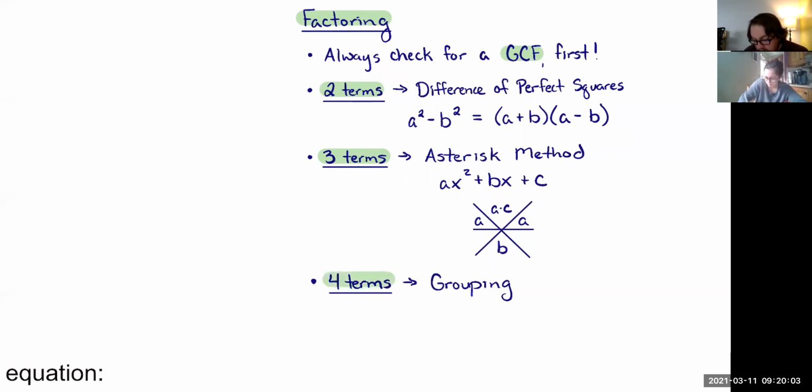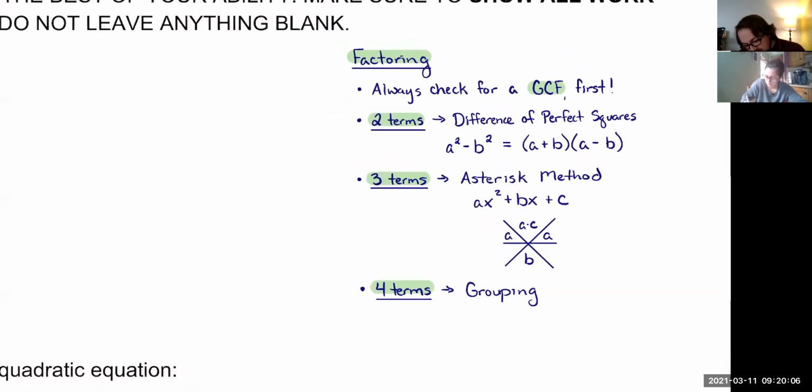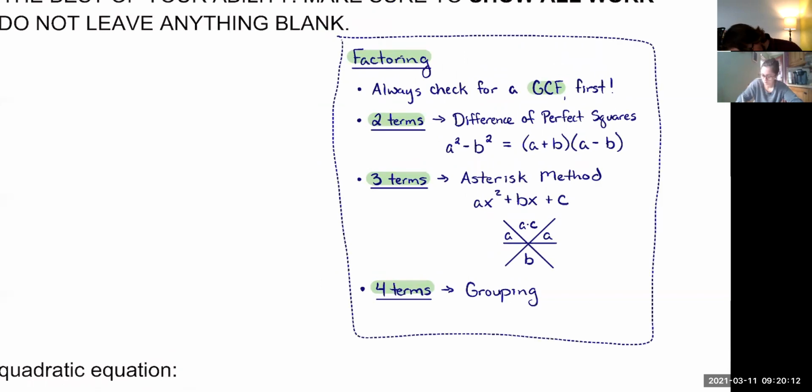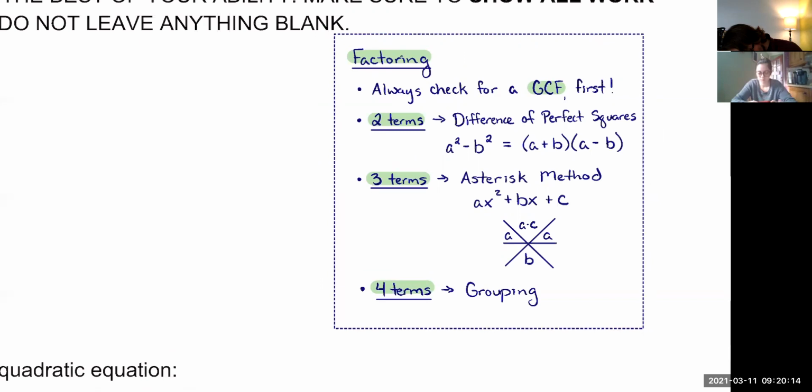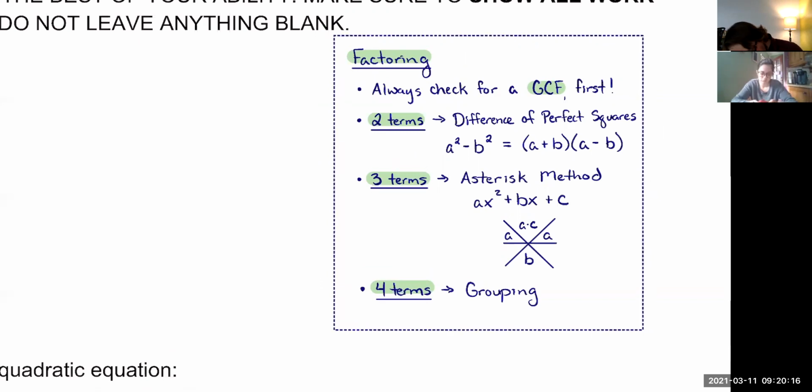And I'm pretty sure we have one example in this packet for that as well. So at any point throughout this review, if we come across something that says to factor, let's refer back to page 1. This is where all that information is packed in nice and neat.